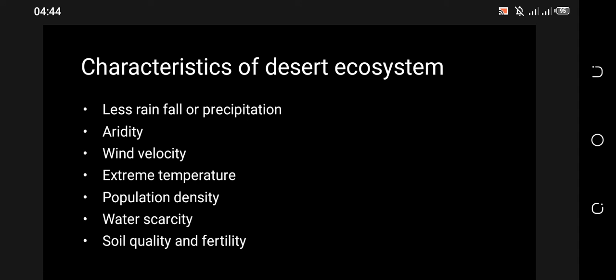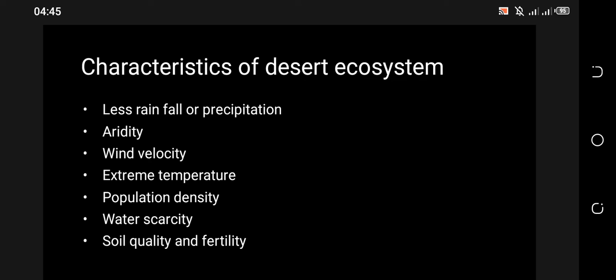That is, the movement of wind is unlikely to match other ecosystems. In this ecosystem, there's too much wind moving around. Extreme temperature: we can also describe it as high temperatures. We're talking about hot temperatures.